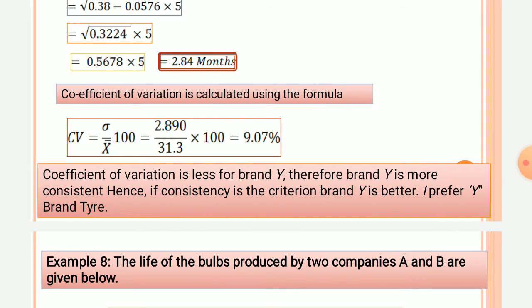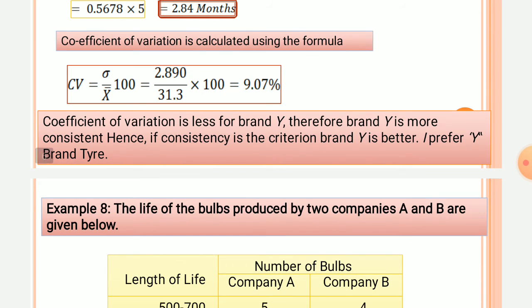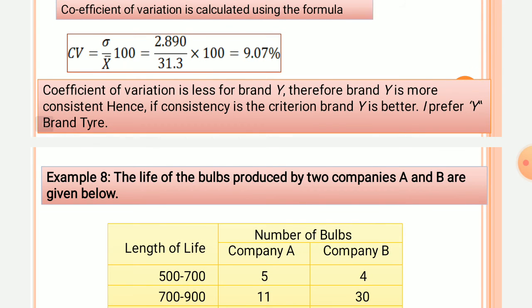So the coefficient of variation is less for Brand Y. Therefore Brand Y is more consistent, because its coefficient of variation is less than that of Brand X. If consistency is the criterion, Brand Y is better, or prefer the Brand Y tire. This is the way in which we can make the conclusion or interpretation.